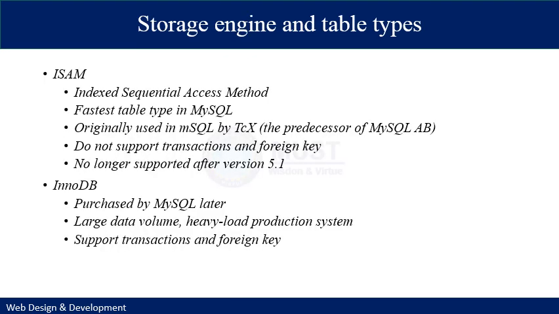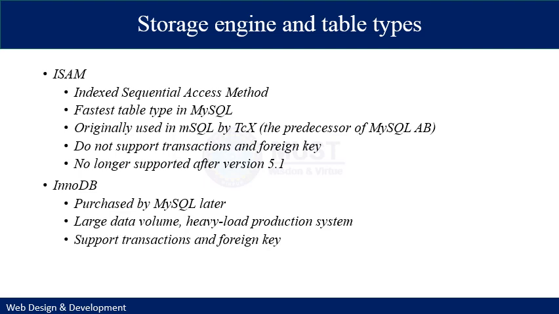MySQL has been using two different storage engines over time, and one is referred to as ISAM, Indexed Sequential Access Method, and it is the fastest table type in MySQL, and it was originally used in mSQL by TCX, the predecessor of MySQL AB.